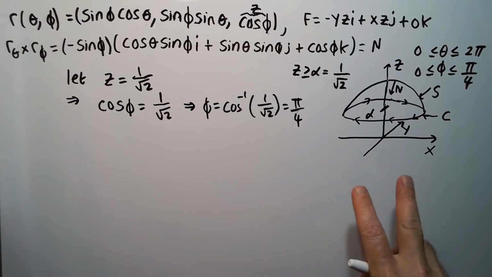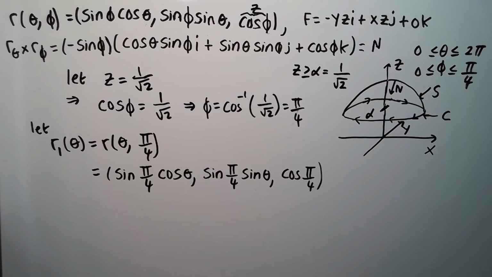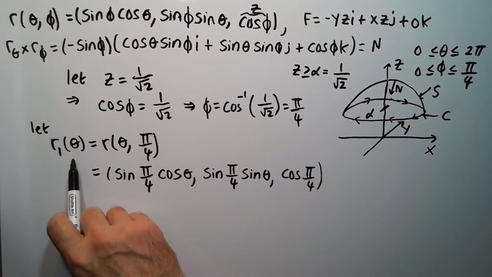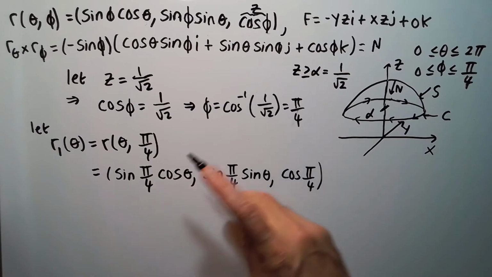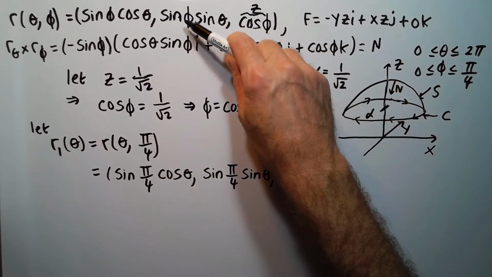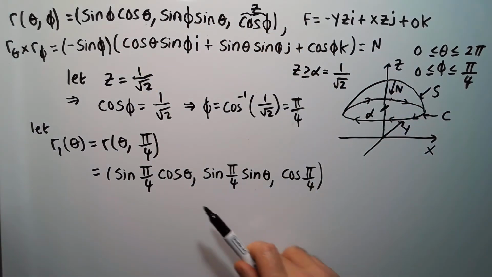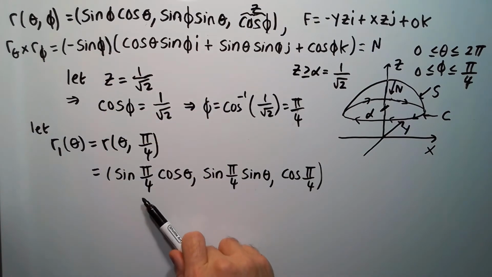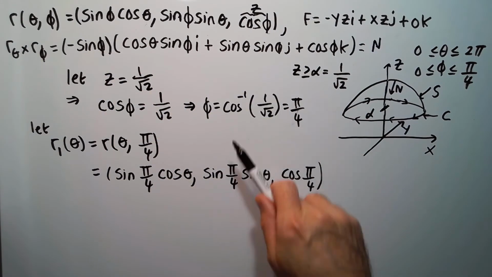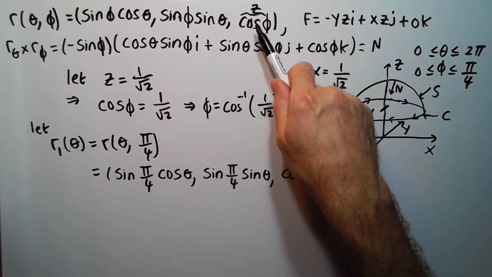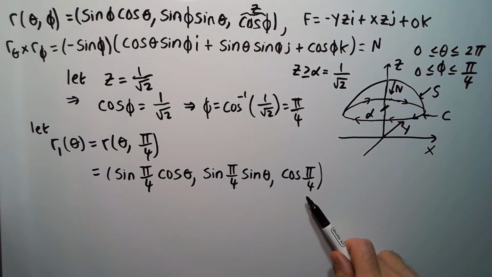But we need to make sure we have the correct orientation. Okay, so I'm calling R1 of theta then R of theta comma pi over 4. So I'm putting pi over 4 in place of phi here, here, and here. So doing that, I'll have sine pi over 4 cosine theta, comma, sine pi over 4 sine theta, comma, cosine of pi over 4.